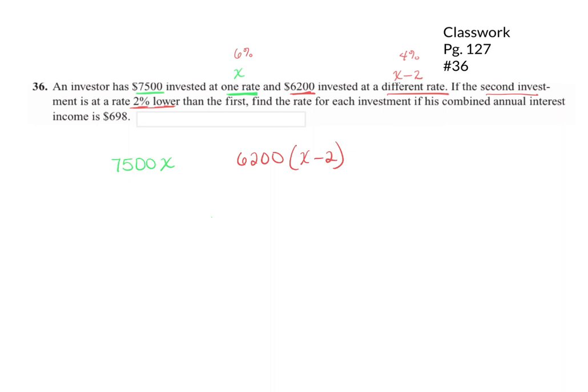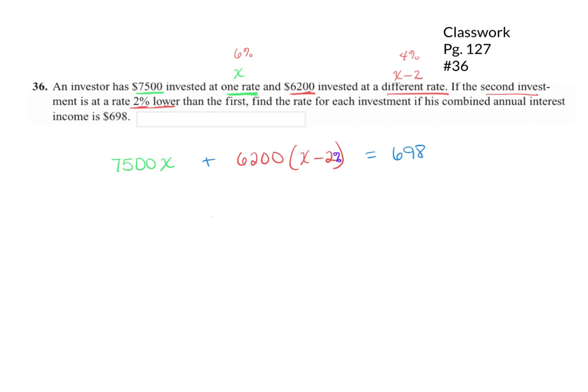All right, let's see what it says. His combined annual interest income is $698. So if I add what he earned from the first and add what he earned from the second, I will get $698. Does everybody see how I set that up? Now here's the only thing I want to point out. Because this is in percentage, what do I need to do to that?